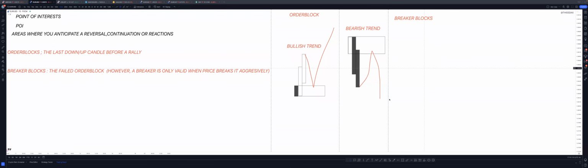So breaker blocks, basically, in this case, let's use a bullish trend. This is a bullish trend now.